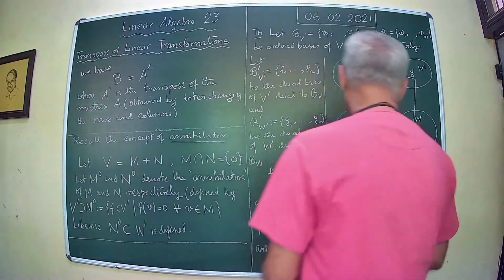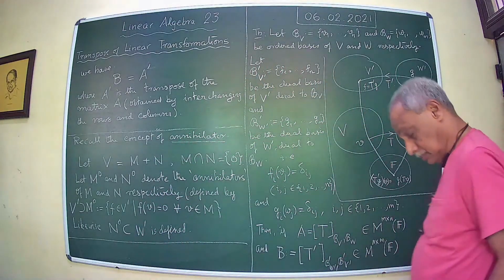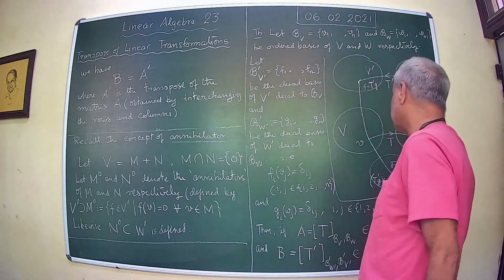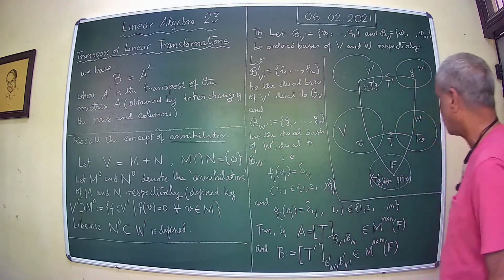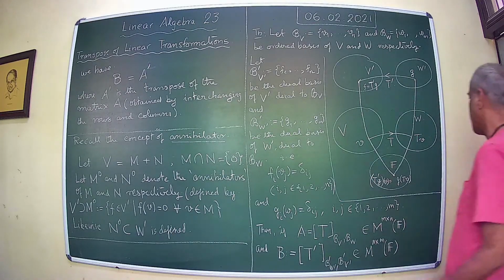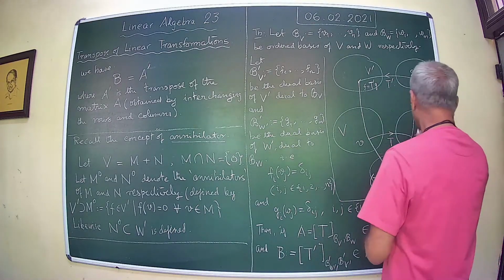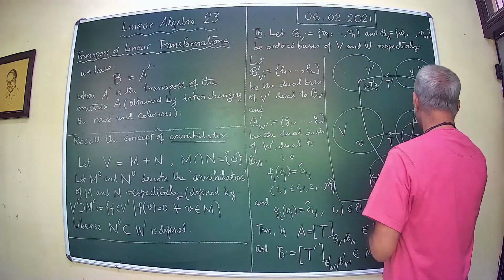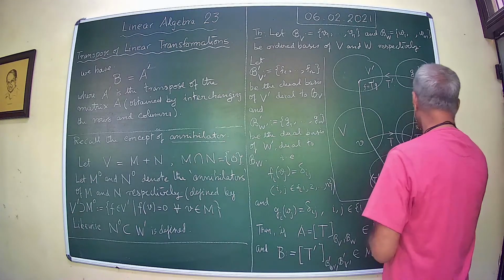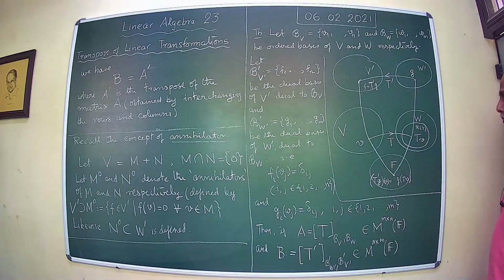Now let us just come back to the same picture. Now you see that the range of T is a subspace of W, and this has an annihilator.